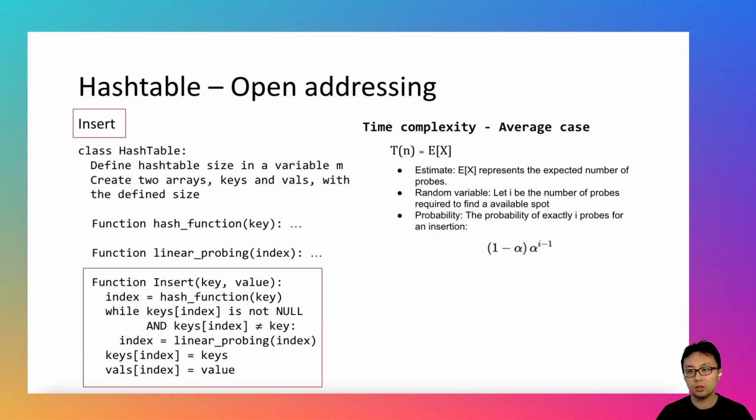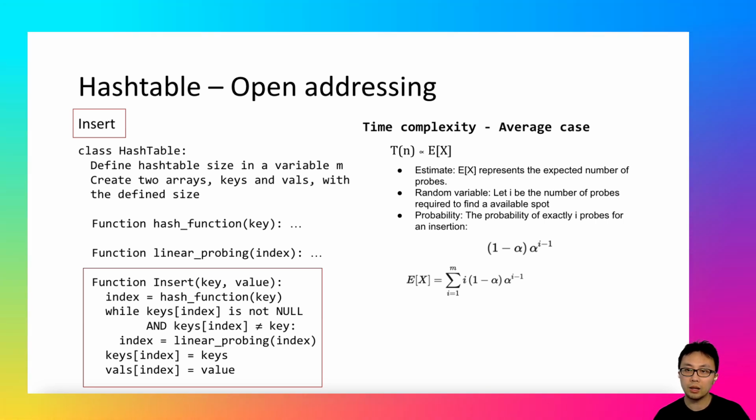Now you have everything you need to compute the expected number of probings. The expected number of probings is computed in the same way as all expected numbers. It is a sum of items, and each item is a product between the random variable and its corresponding probability.